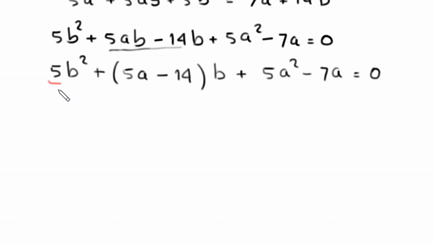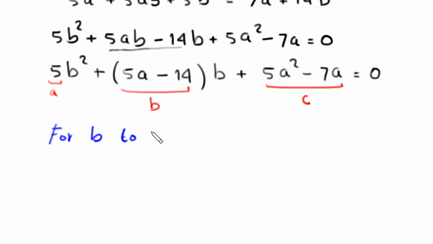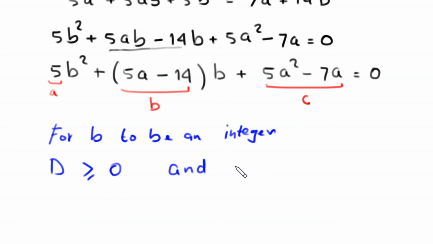This 5 is the a, this 5a minus 14 is the b, and this 5a squared minus 7a is the c. For b to be an integer, the discriminant of this equation must be greater than or equal to 0 and should be a perfect square.